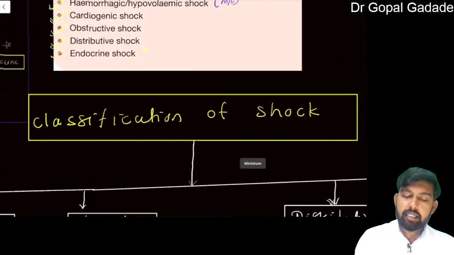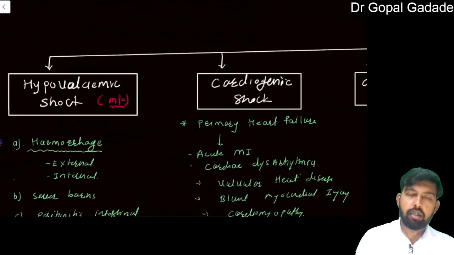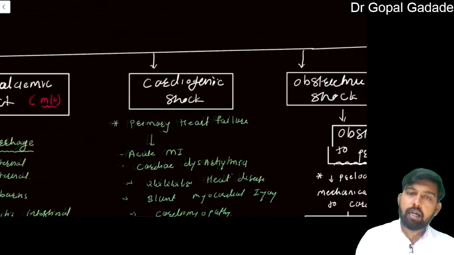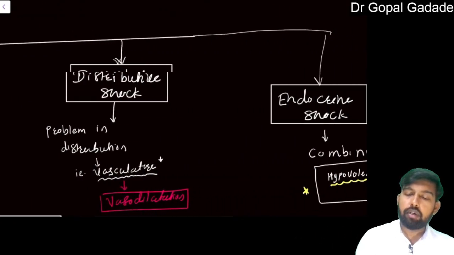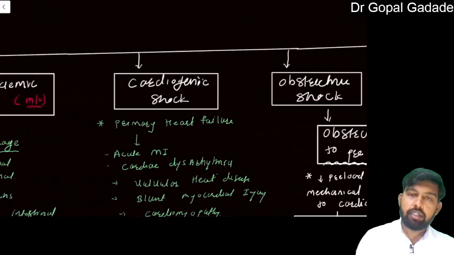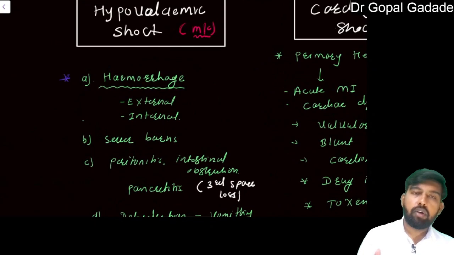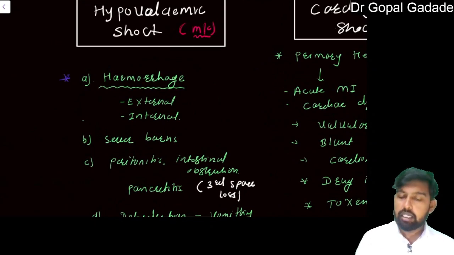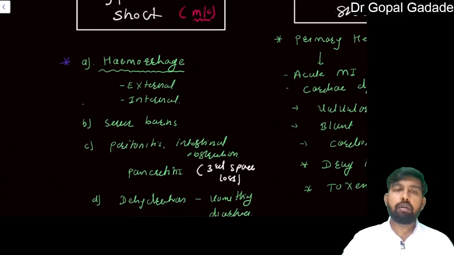So let's see the classification of the shock. One is hypovolemic shock, another is cardiogenic shock, another is obstructive shock, distributive shock, and the endocrine shock. Let's see one by one, starting from hypovolemic shock. We all know that it is the most common type of shock. It can be due to hemorrhage, external or internal.